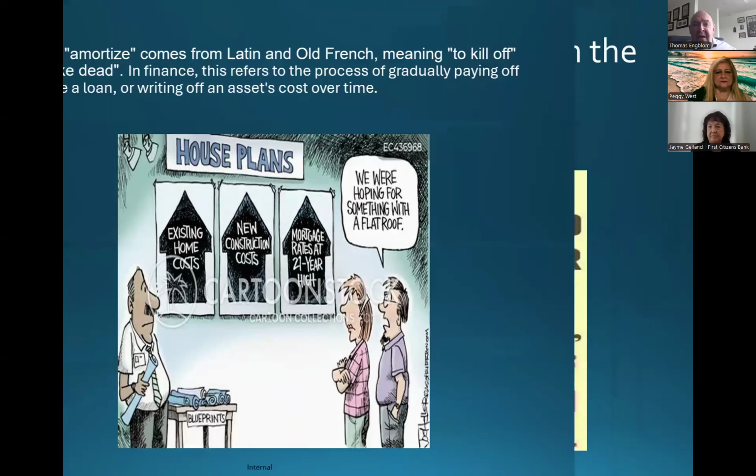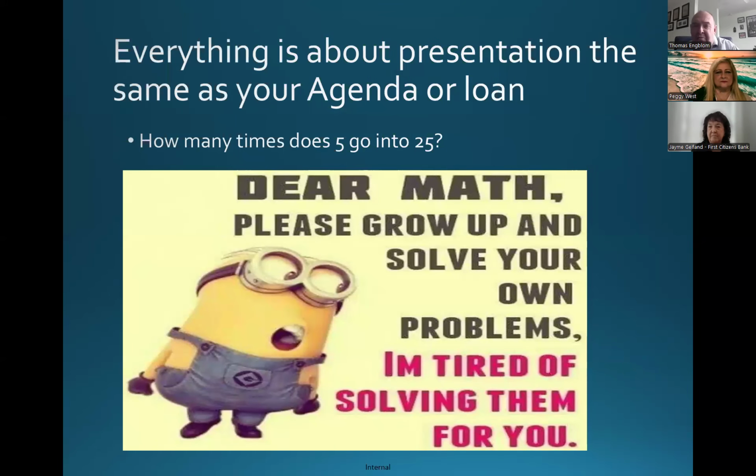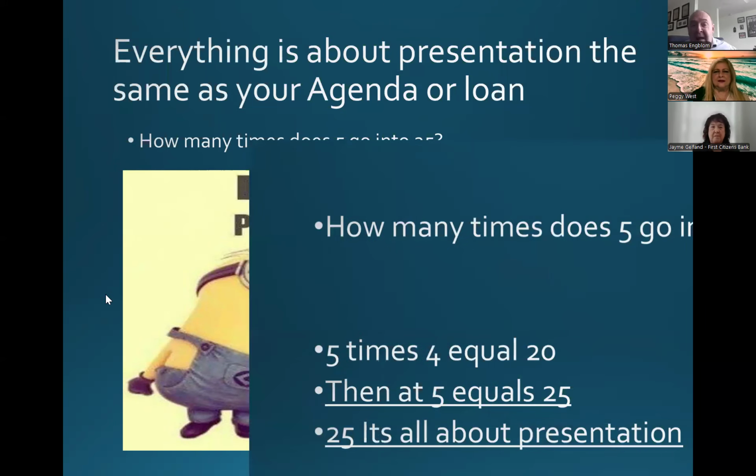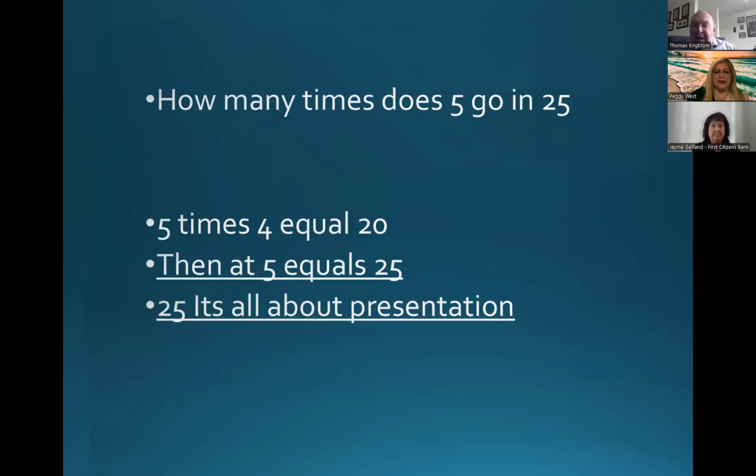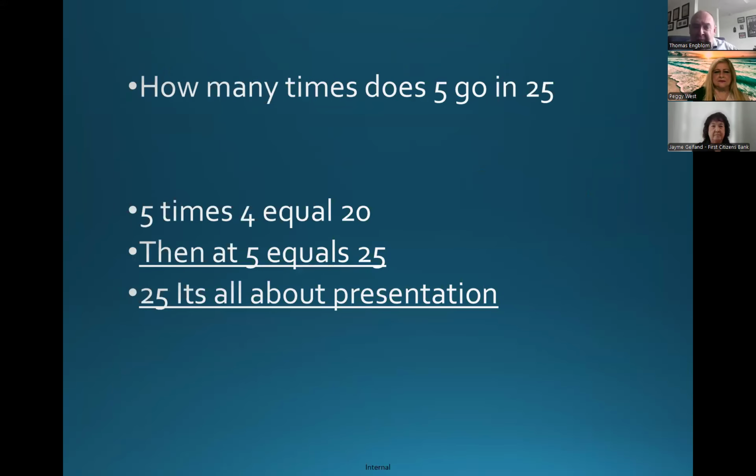And when you get into this and you look at everything, again, this is a little bit of humor that we have, and it probably comes across better in person, but how many times does 5 go into 25? Well, this is from an old comedic strip, and basically it comes out to 14. How you work the math is if you take 5 times 4, that equals 20, you have 5 left over, that equals 25.